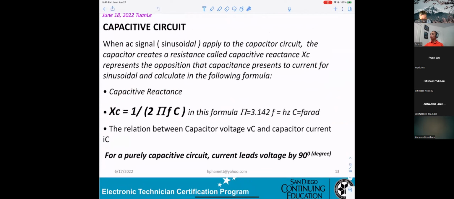However, they call it capacitive reactance, not resistance, and calculate it by XC equals 1 over 2 pi FC. In this formula, pi is 3.142, F is the frequency in Hertz, C is in Farads, and XC will be in Ohms.